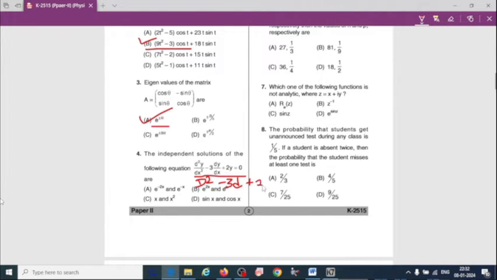Okay, then split into A plus B, A minus B formula. Or you can just take the eigenvalues here. You will get e to the power minus 2x and e to the power plus 2x or e to the power x. Option B.